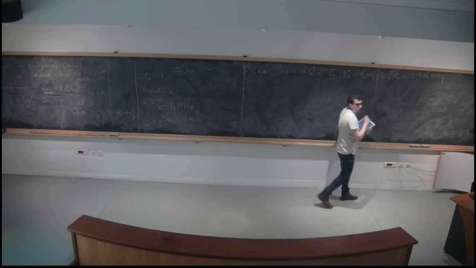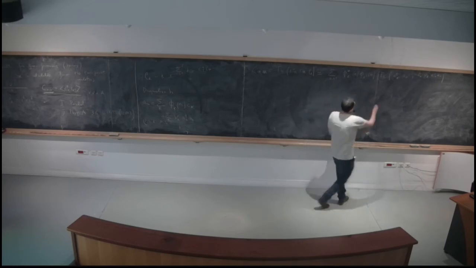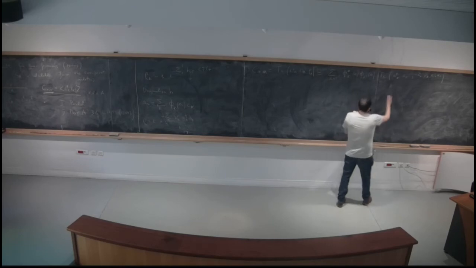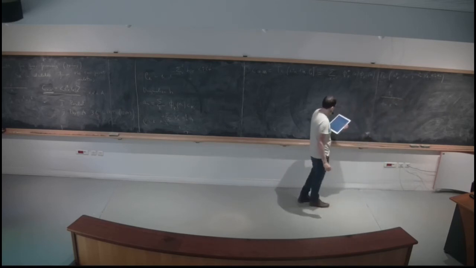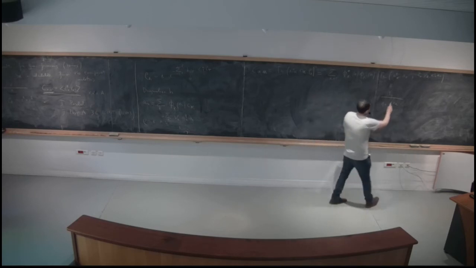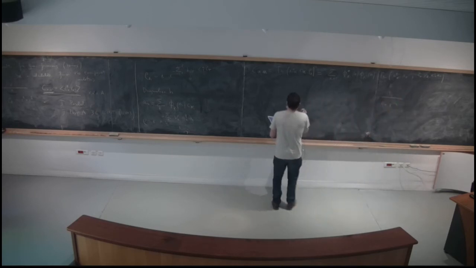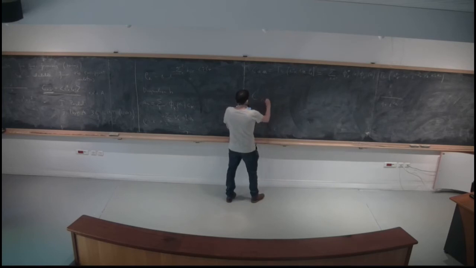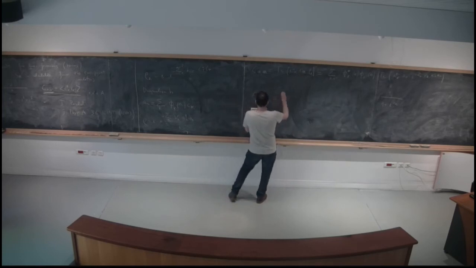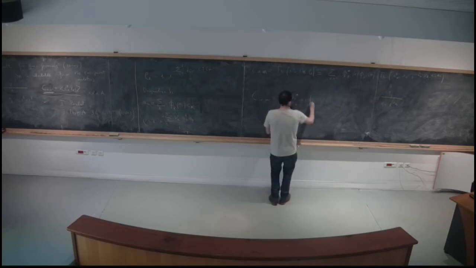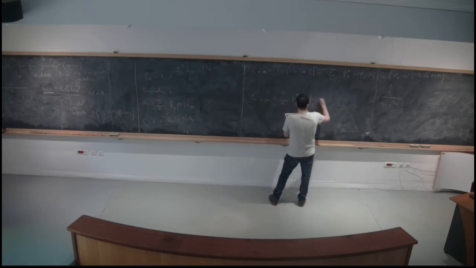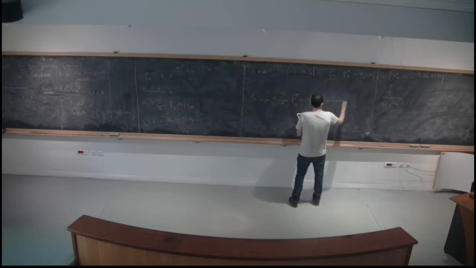If you do it, this thing gets replaced by this object, and you have a delta, of course, k k'. So eventually what you get is the sum over k of phi star k n, phi k m, times 1 over e to the nu_k plus 1.